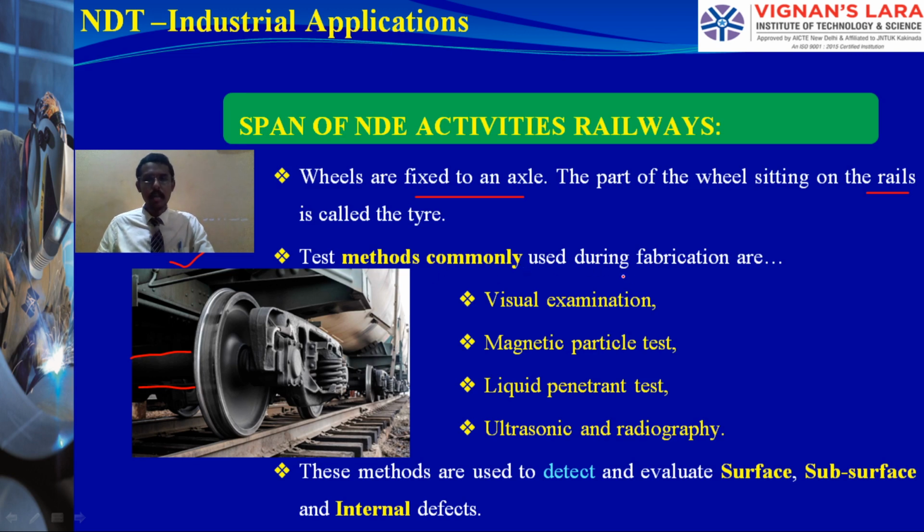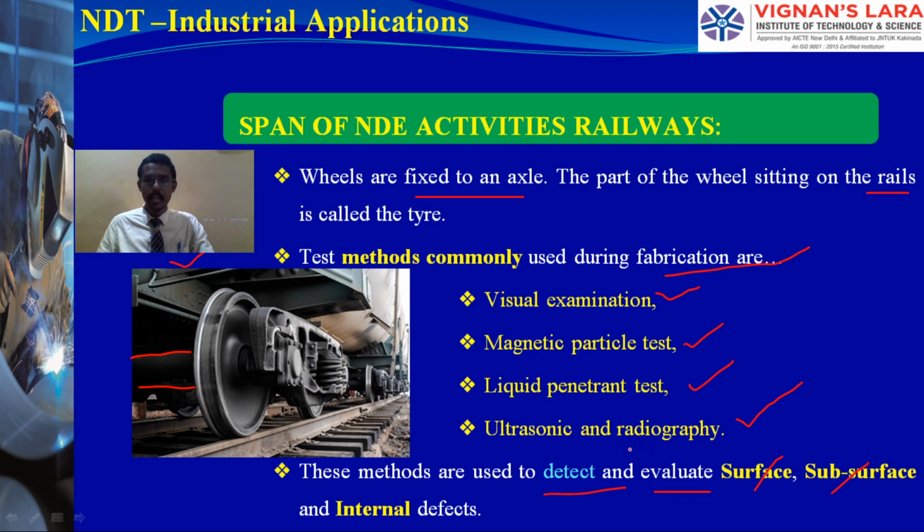Test methods commonly used in the fabrication of these wheels and in railway components, that is, the inspection methods, are visual, magnetic particle testing, liquid penetrant testing, ultrasonic, and also radiography. We have seen all these in the previous modules of our lecture series. These methods are used to detect and evaluate surface and subsurface defects.